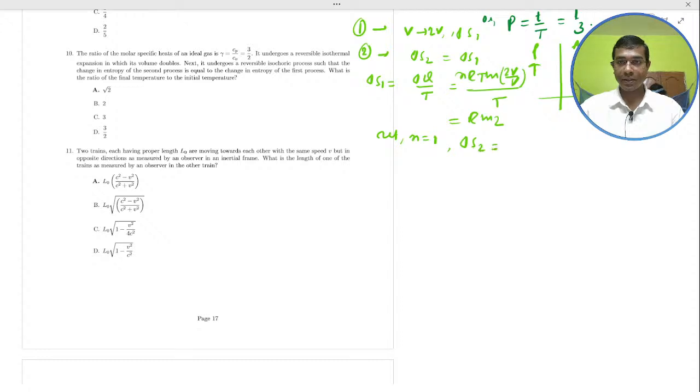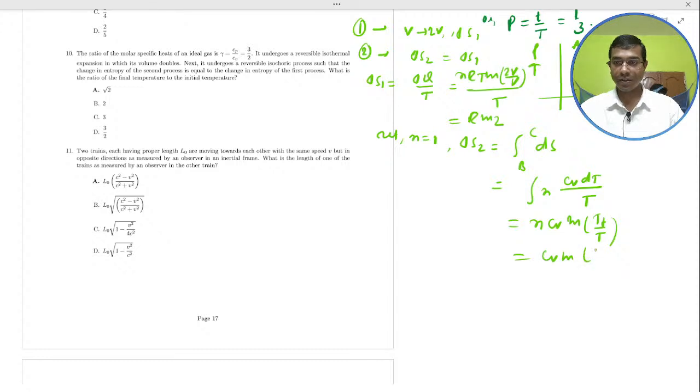That means delta S2 equal to the integral from B to C, where this is the C point, of dS. So this is equal to n Cv dT divided by T. So this would become n Cv ln T final divided by T, that would become Cv ln T final by T.